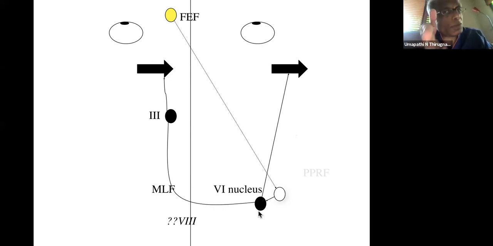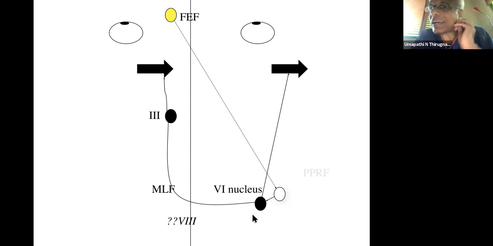So which nucleus must be active? All I need to do is keep my right 6th nucleus active. Okay, and this movement is fine. When I move my head to the right, my left eye is abducting, my right eye is adducting.